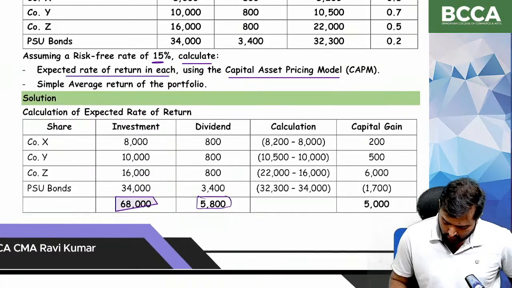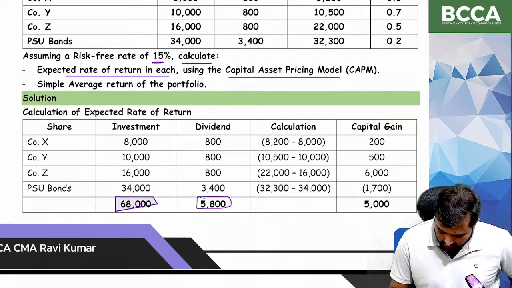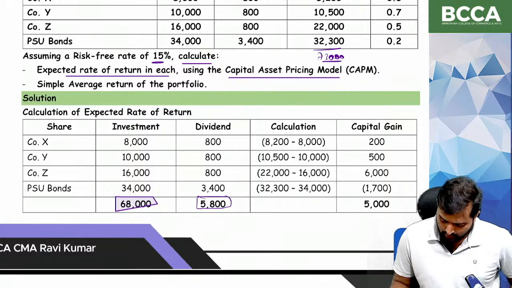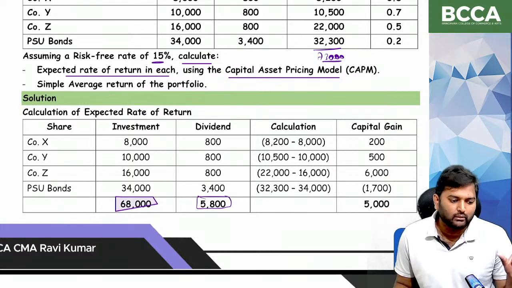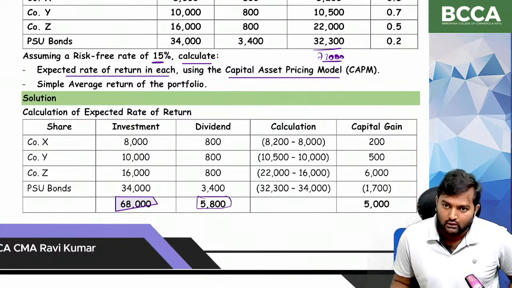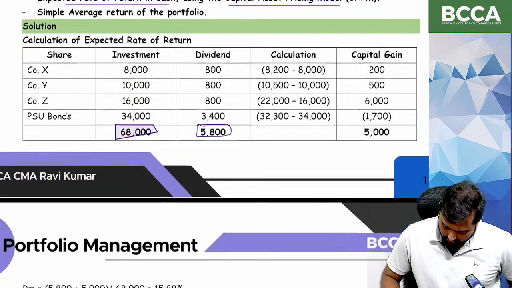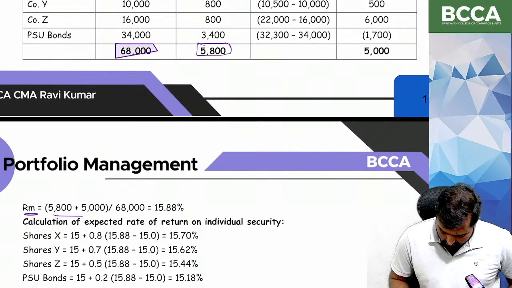73,000. So market price at the end is 73,000. So 73,000 minus 68,000, capital appreciation 5,000 plus 5,800 dividend. Total 10,800 divided by 68,000.